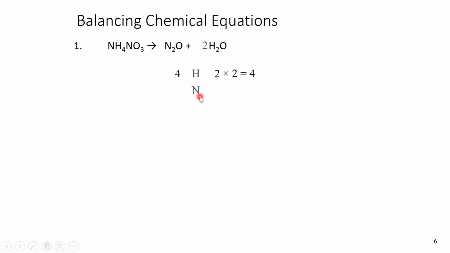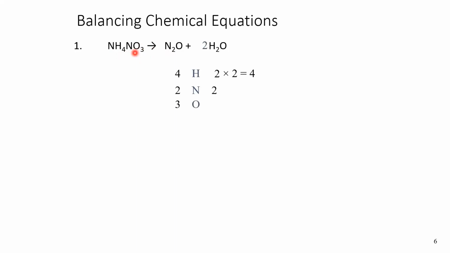Now let's look at nitrogen. The trick here is that nitrogen is here and it's also here on the reactant side. That means we have 2 nitrogens on the reactant side, and there are 2 nitrogens on the product side. Nitrogen's balanced. Now we want to look at oxygen. Oxygen's here on the reactant side.